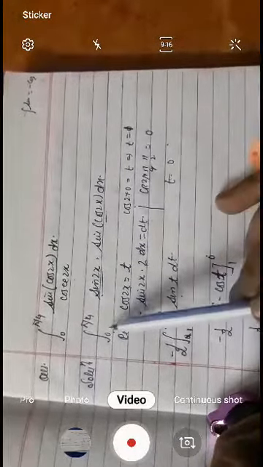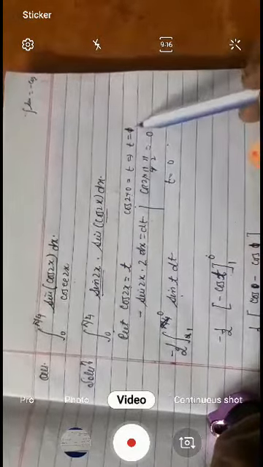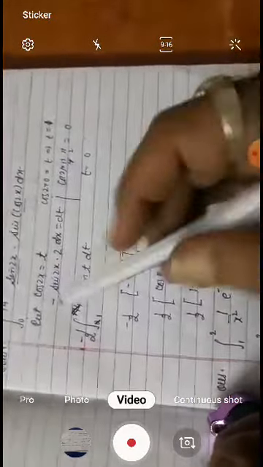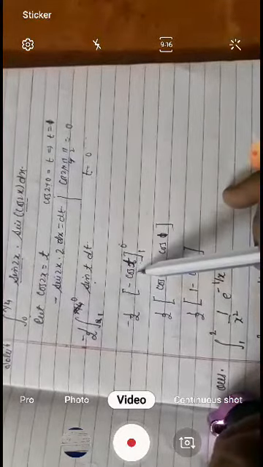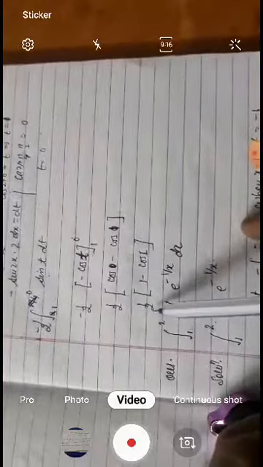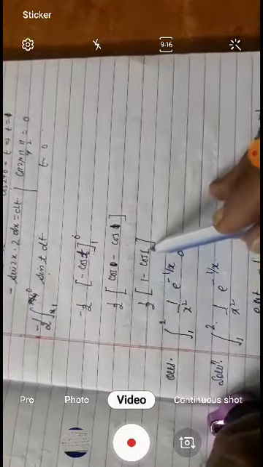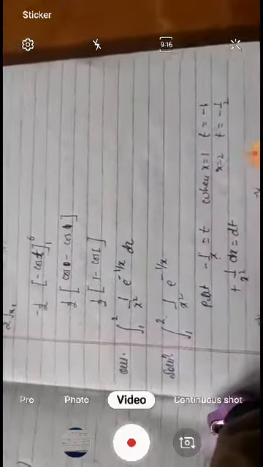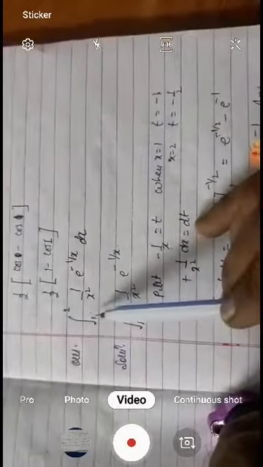If we put 0 in place of x, then t is 1, and for pi by 4, t is 0, so the limit changes from 1 to 0, and the integral of sin t gives minus cos t from 1 to 0. We put these values, and the value is 1 by 2 minus 1 minus cos 1. Is it okay to everyone? This is your answer. Same as it is, the next question is also to be done by you.